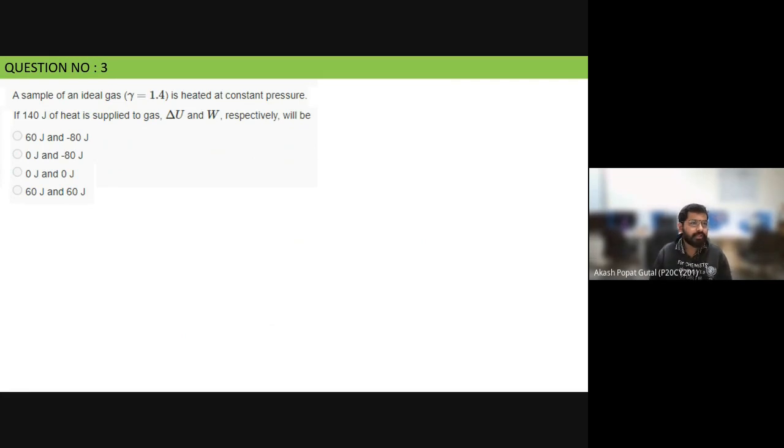The third question is: a sample of an ideal gas, gamma is given as 1.4, is heated at constant pressure. If 140 joule of heat is supplied to the gas, delta U and W respectively will be. Let's try to work it out.